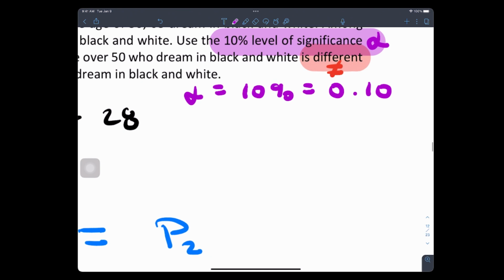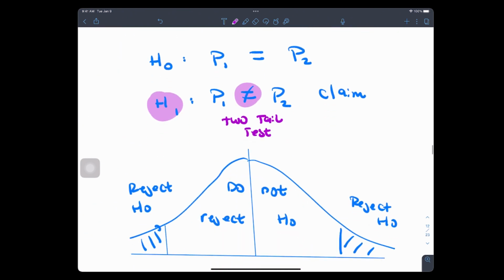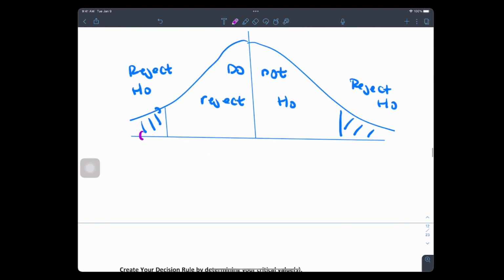What does that mean? 5% is in each tail. Is that right? So there's two tails, and you'll have two critical values. 0, Z.